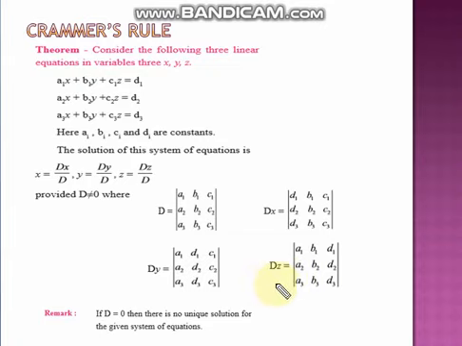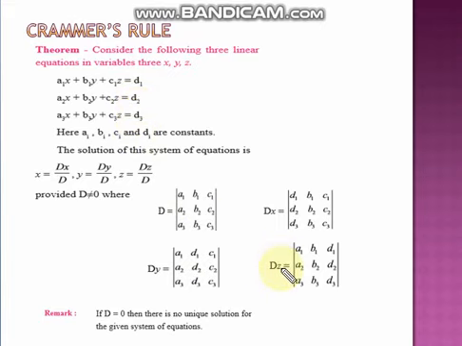So dx, dy, dz you have to obtain from this determinant d. To get dx, we will replace the first column of d with the right hand side of the equations, that is d1, d2, d3. Similarly, dy can be obtained by replacing the second column in d with d1, d2, d3.